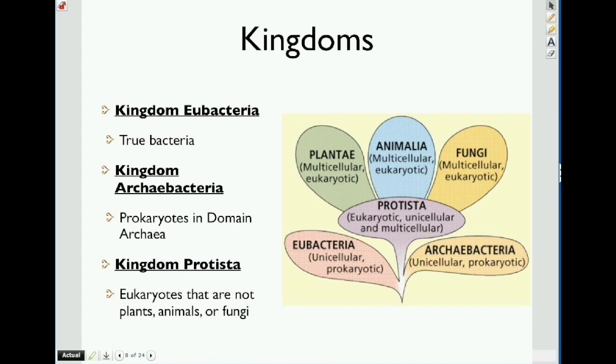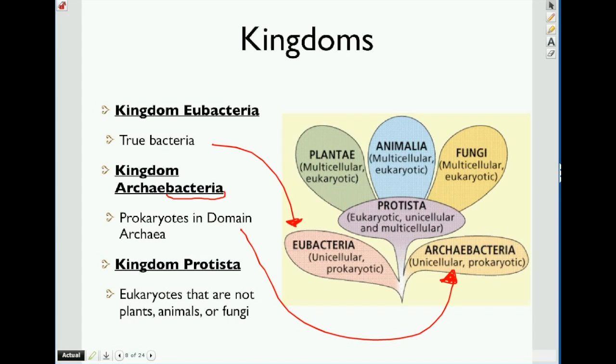Now, if we look at our kingdoms, kingdom Eubacteria are what they call the true bacteria. Okay, and then we have kingdom Archaebacteria, and they're basically prokaryotes in the domain Archaea. So they're in that special domain Archaea, but they're not what they consider true bacteria, even though they're called archaebacteria.